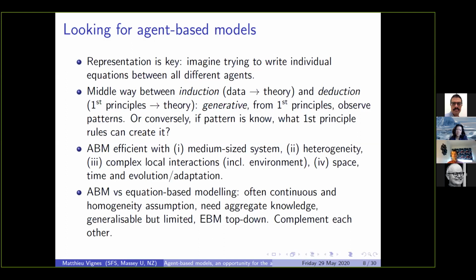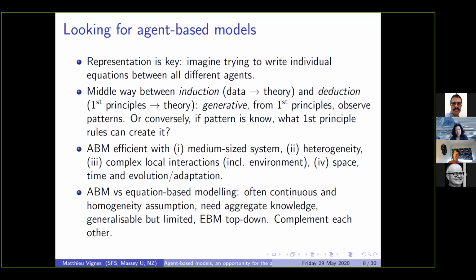And the other way would be deductive reasoning, where you start from first principles and try to build a more complex theory. So the first principles would be, you know how your ants interact, then can you predict the number of trails they are going to form when they go to the food source or when they come back? What we do, we are in the middle: we generate the observations from first principles and we observe them from simulated data.